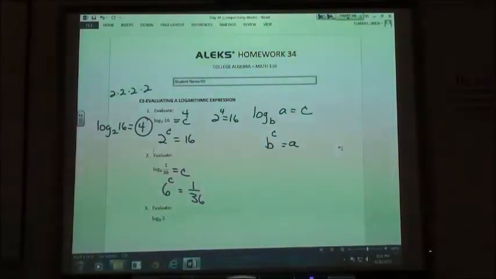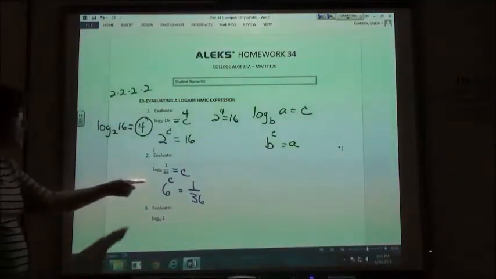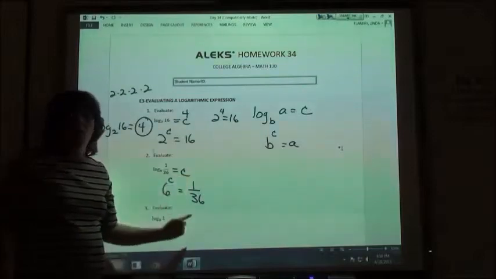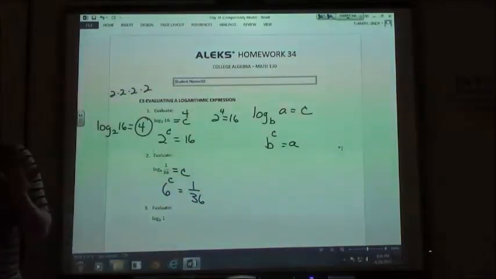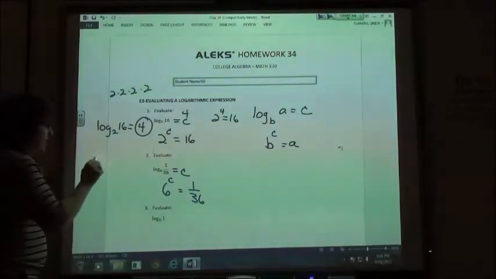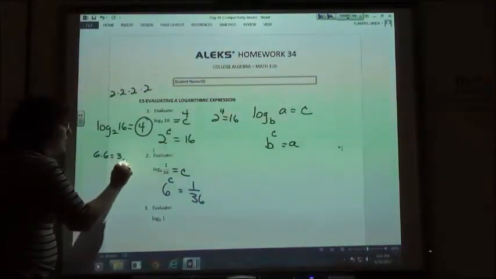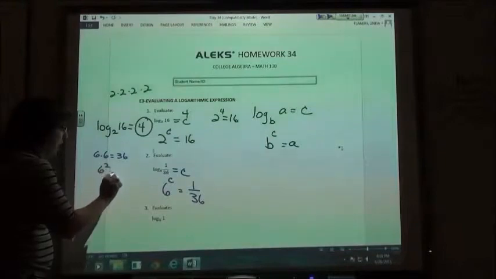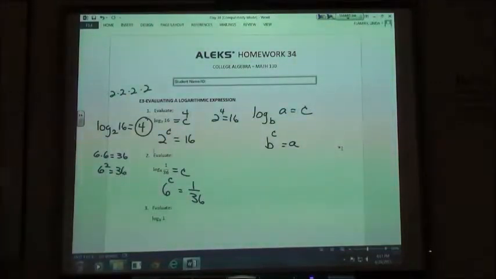So now this is a little trickier. I have to think about how do I get 6 to be 1/36? I have to think about how do I get the reciprocal. I know that 6 times 6 is 36, so 6 squared is 36. How do I get 6 to what power is 1/36?